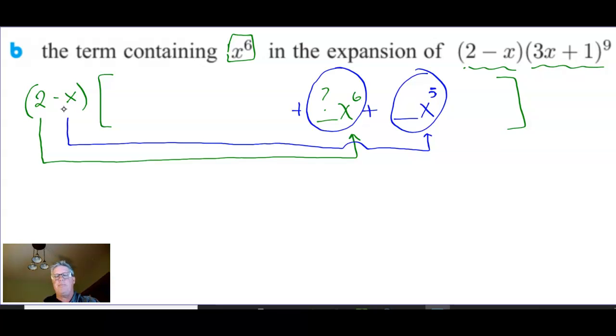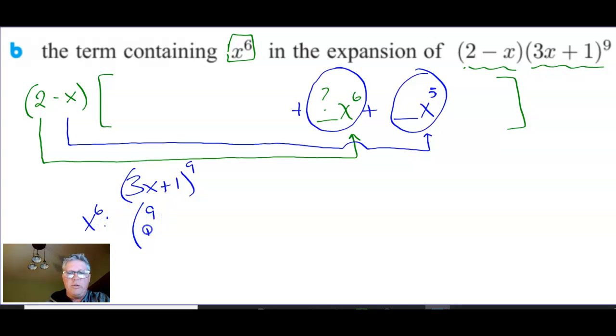So let's do it. I'm going to focus in on (3x + 1) to the 9th. I need the coefficient of x to the 6th. I'm going to do this a little faster here. 9 choose r, (3x) to the 9 minus r, and 1 to the r. When these are just x to the 1st and there's only 1, it's pretty easy to notice that r is going to be 3, because 9 minus 3 is 6, x to the 6th, that's going to be good.